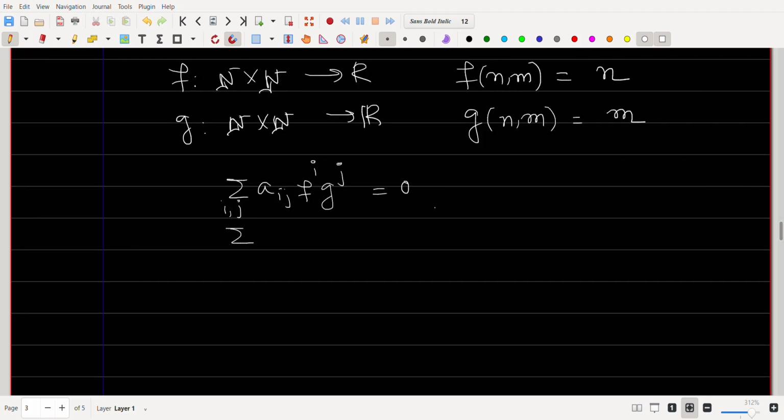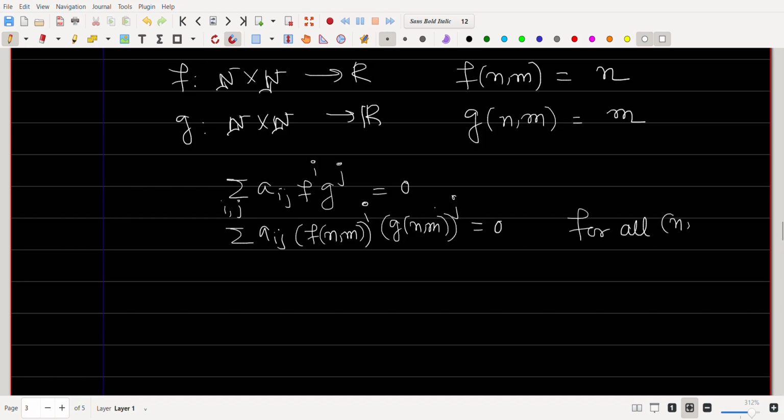So then the sum of a_ij f(n,m)^i g(n,m)^j is 0 for all pairs (n,m) belonging to N cross N. Right? Now take this pair n equal to 1 and m can be anything.